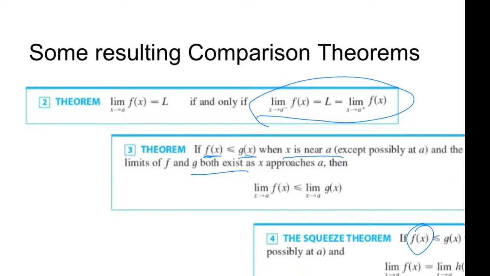We're given them. It's called the squeeze because you've got one below, one above, and they go to the same limit, so our other function has to go there. But again, we use this one if we've got a function where none of the tools we have give us an answer for what the limit might be at a particular place.